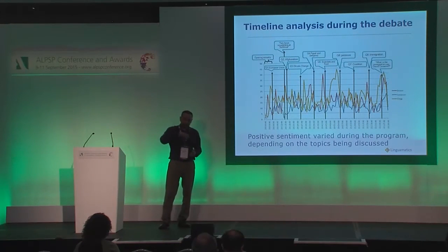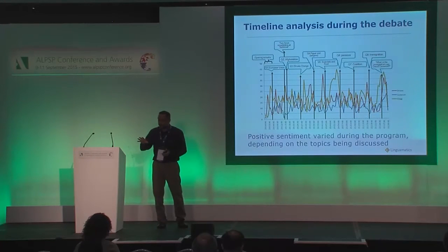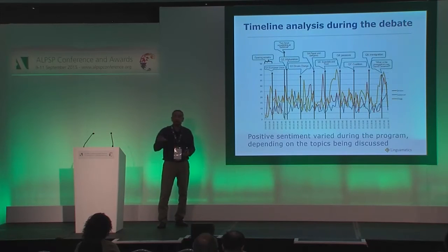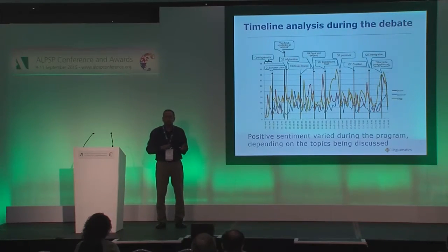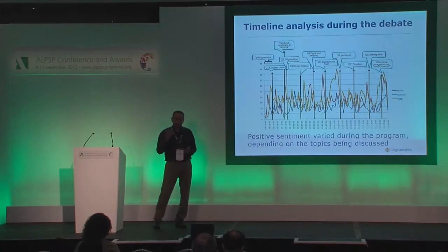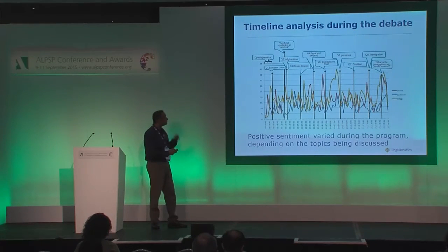If you cast your mind back, for the non-UK people I should say, Nick Clegg was brand new to the electorate. People knew of him, but he was quite new and fresh-faced. He came on, and suddenly people had a real empathy with him, and he got a spike in positive opinion during the first debate, and that shows there.